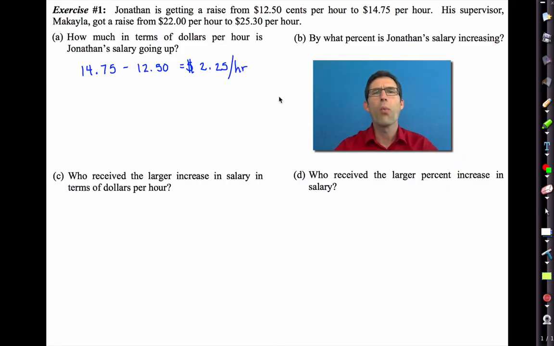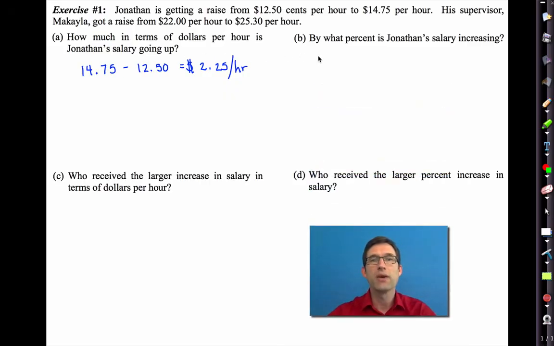On the other hand, by what percent is Jonathan's salary increasing? Percents always compare two numbers, and the denominator is always the thing you're comparing it to. What we're comparing in this situation is how much the salary went up to what it started at, not what it ended at. So 2.25 is to 12.50 as x percent is to 100.